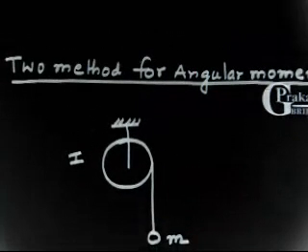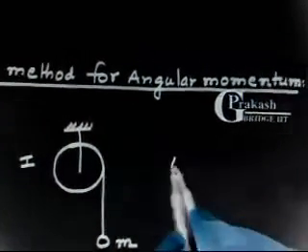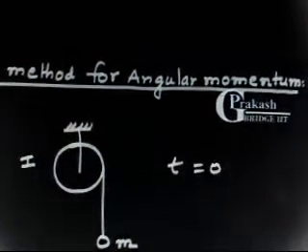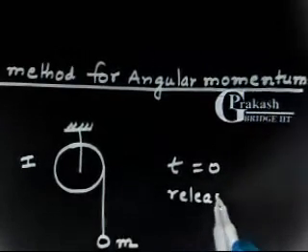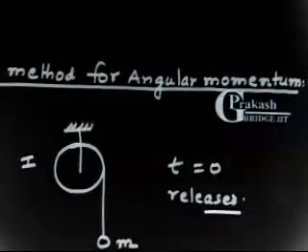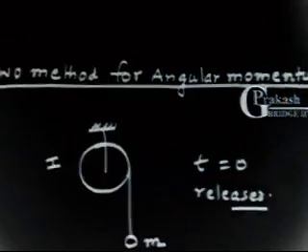Now the question says the system is released at t equals 0. You have to find the angular momentum about the pulley axis as a function of time.